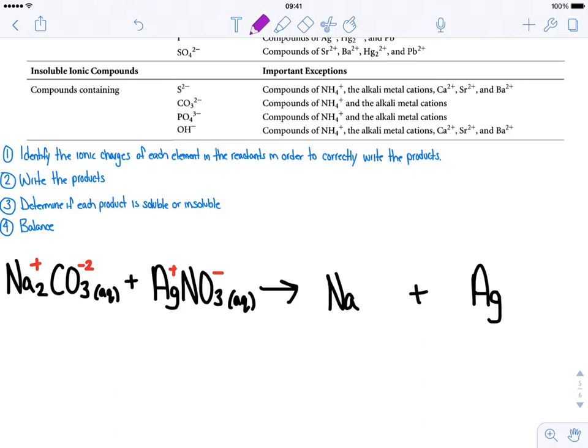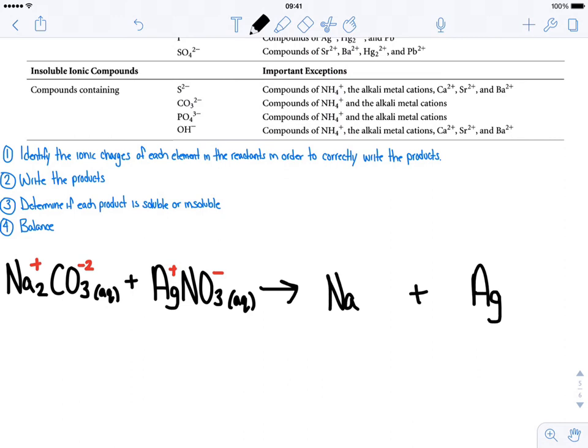So we can't write any subscripts until we figure out what's the anion that each of these cations is going to be paired with. So don't make that mistake. This 2 right here does not travel with the sodium, okay? The sodium goes by itself. The subscript 2 stays on that side.